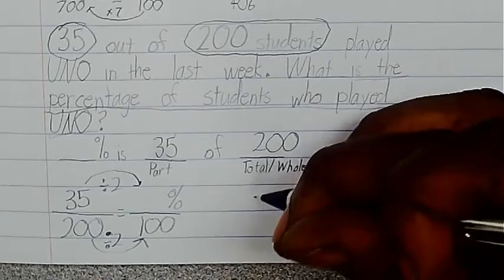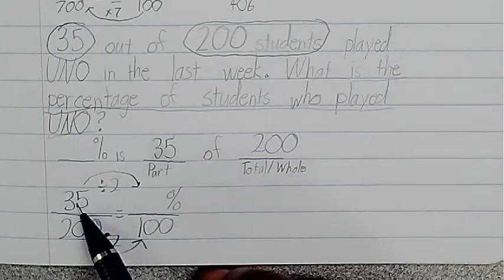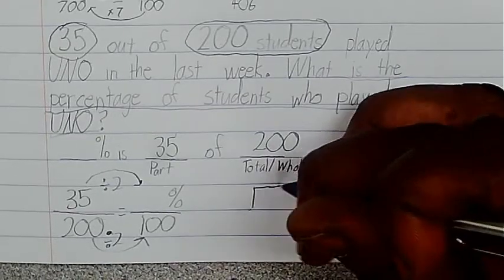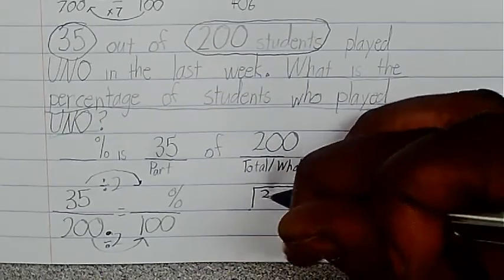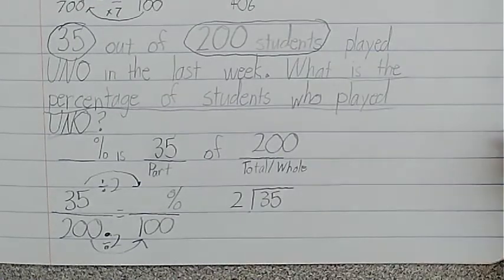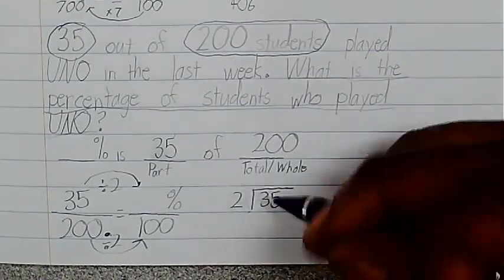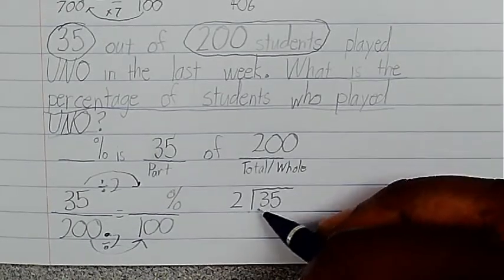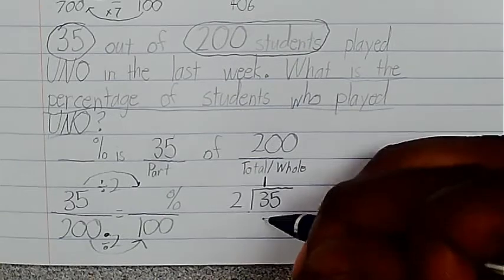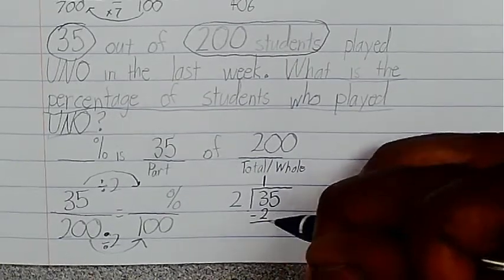So that means we'll have 35 as our dividend, and we'll have 2 as our divisor. So 2 can be divided into 3 one time. 3 minus 2 will give us 1.